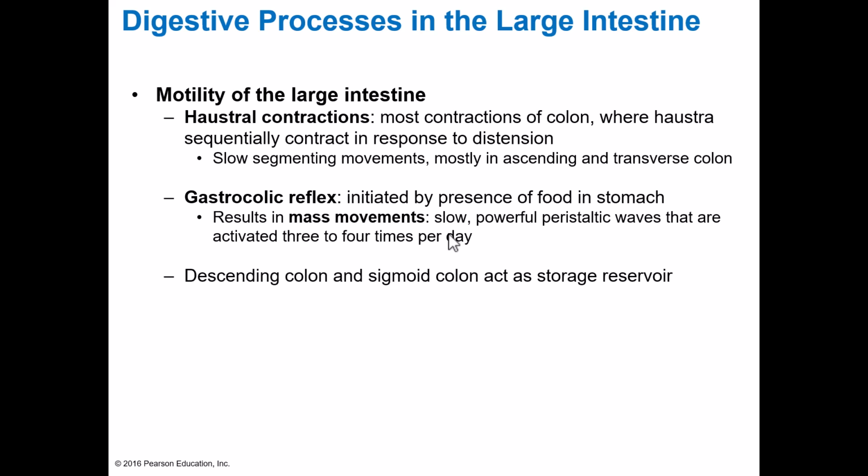This is a reflex that will be initiated when food reaches your stomach. So if you eat your next meal and food reaches your stomach, that is going to talk to your colon and say, hey, if there's anything still in you from your previous meal, you need to get rid of it now because another meal is coming. And that's what we mean by mass movement. So now we're going to have more powerful contractions that are going to move things into the rectum.